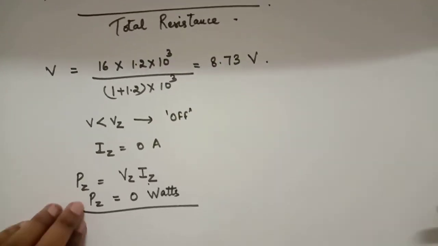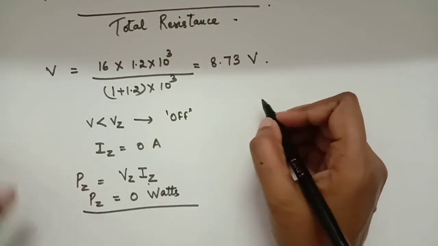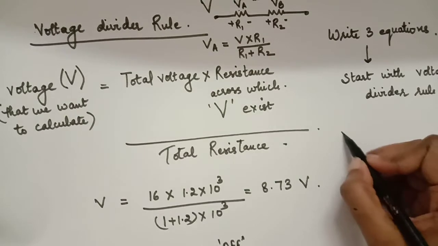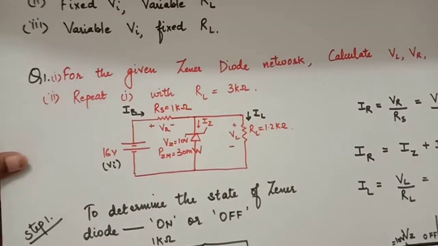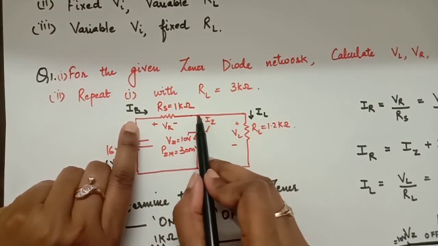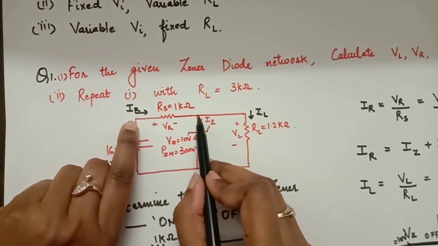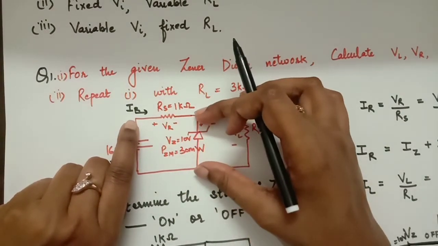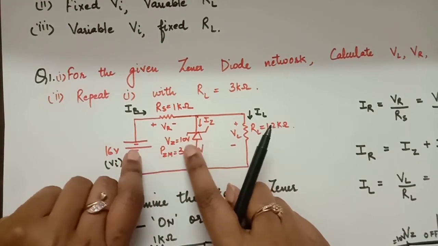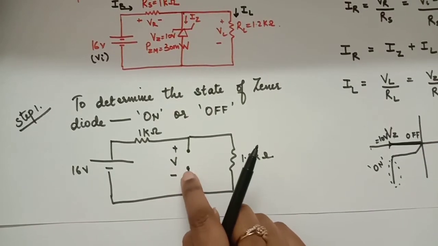Now we need to calculate VL, VR. So let's calculate it. First of all, let's calculate VR. Again, see here. VR means the voltage at this point minus the voltage at this point. So what is the voltage that you have calculated over here? Now it is not 10 volt because the diode is not on. The voltage that you have calculated over here, for this V, was 8.73.